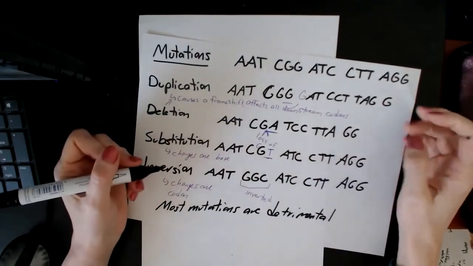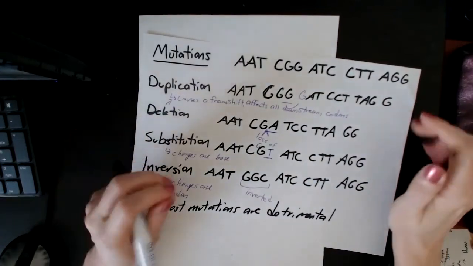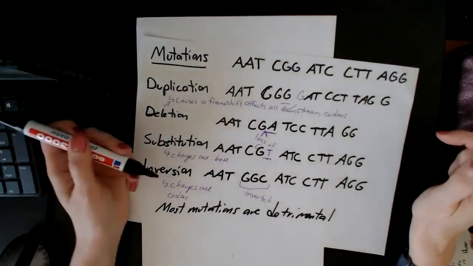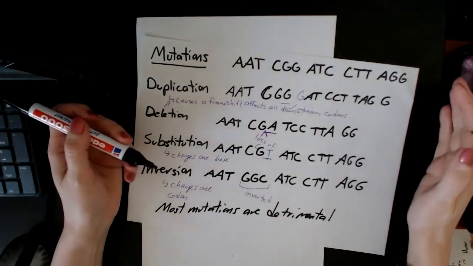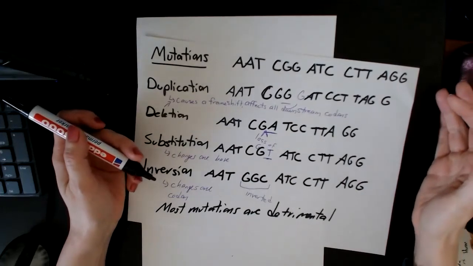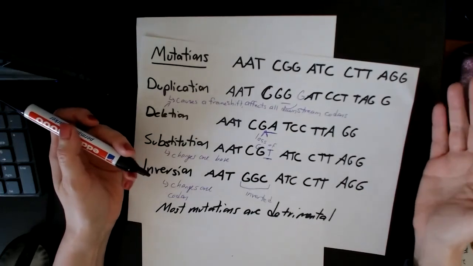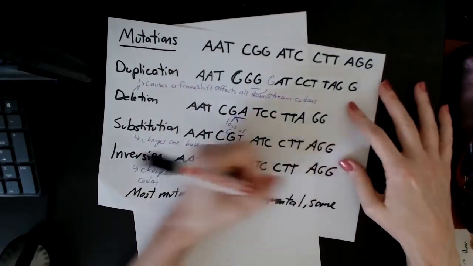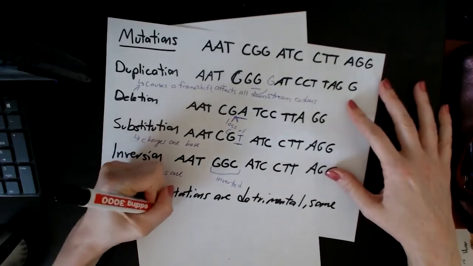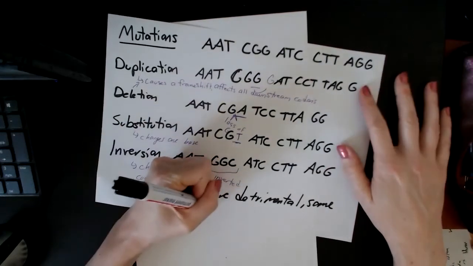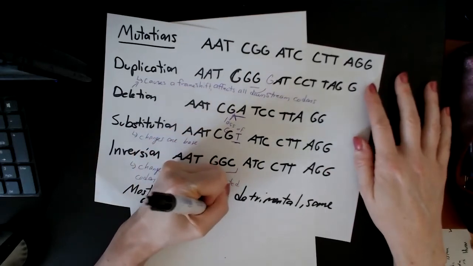For example, blue eyes is a mutation that occurred randomly in humans many, many generations ago, and there's no detrimental effect to that. It just is different. Having blue eyes versus brown eyes doesn't mean that you're less or more likely to survive. So most mutations are detrimental, some are neutral, and very few, but some of them, can be beneficial.